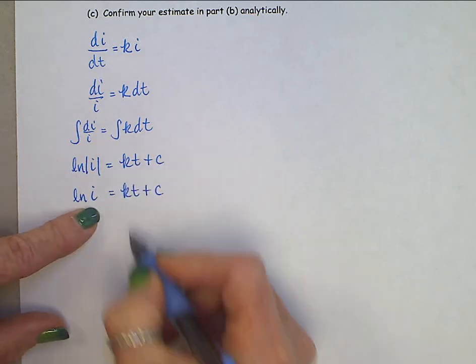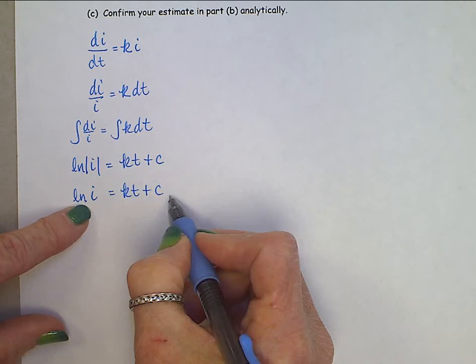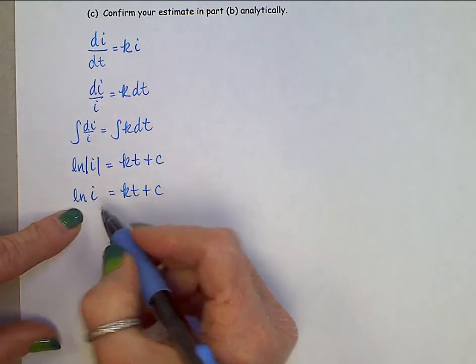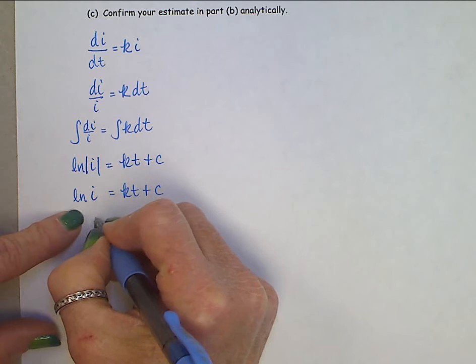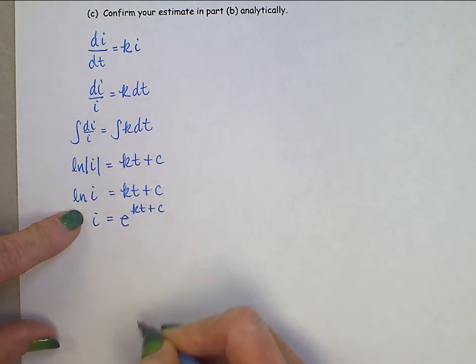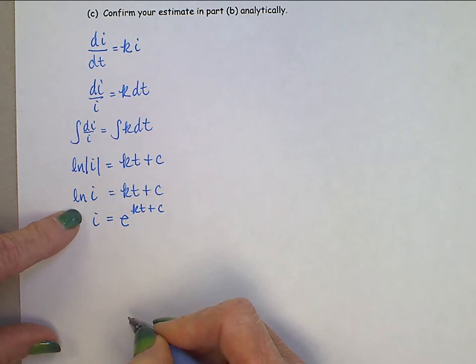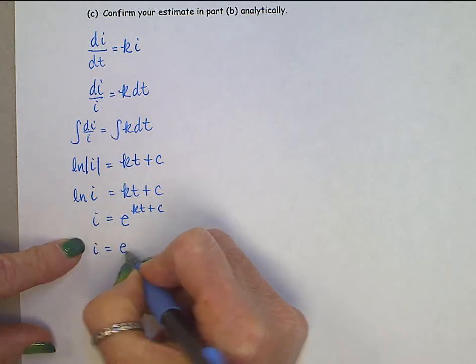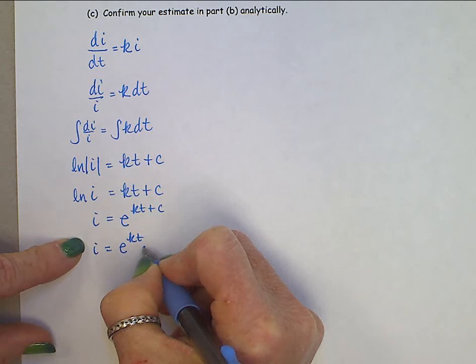And then let's take this just like we did yesterday, and we'll rewrite this. Well, it wasn't yesterday, was it for you? It was the previous page. So let's see, we have I equals e to the kt plus c. And then we can rewrite this as e to the kt times e to the c.